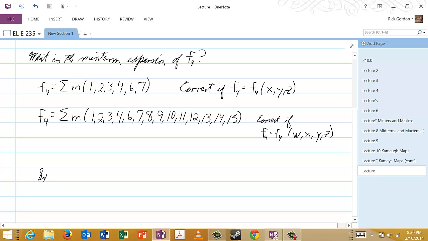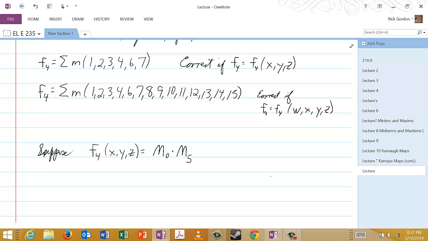Suppose, and this time we'll spell out the independent variables, suppose F4 of x, y, and z is equal to capital M0 anded with capital M5, and we're challenged to find all minimal sums.